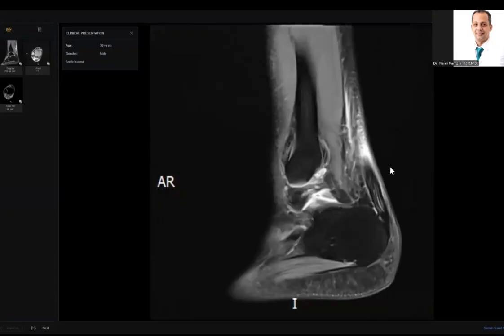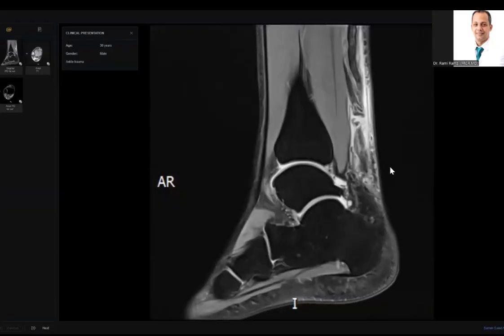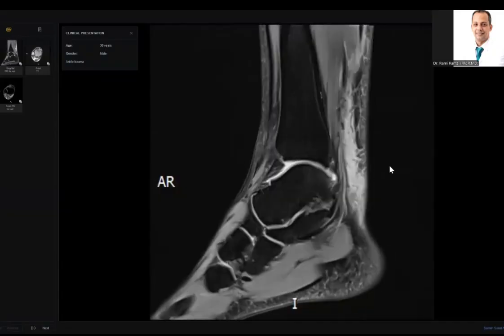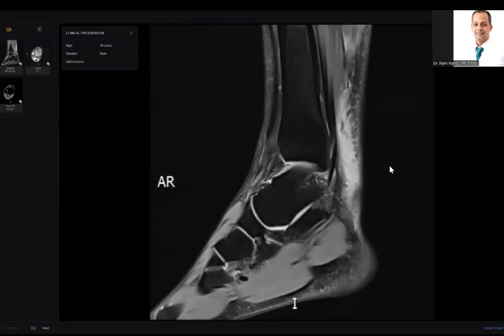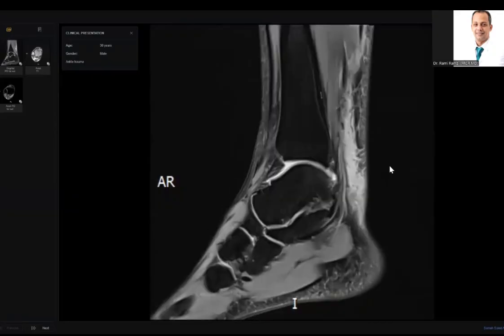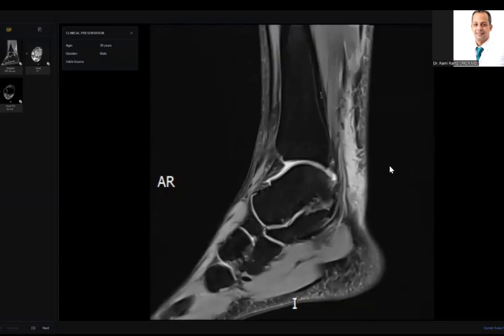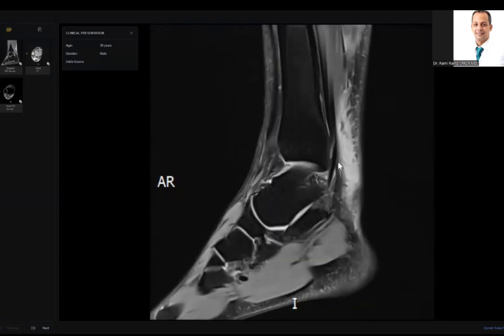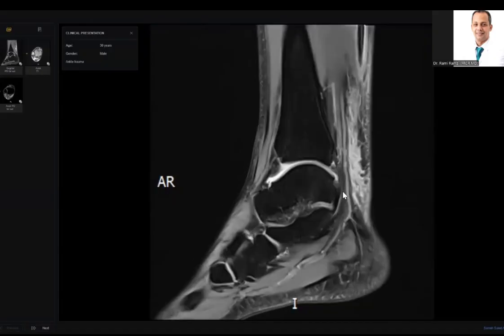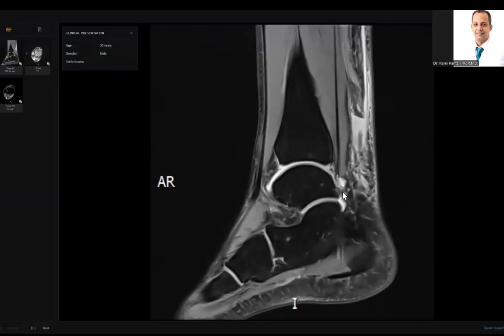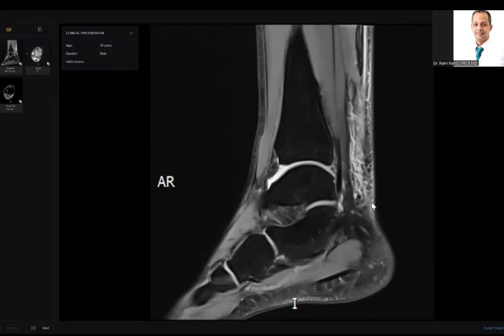Okay, so this is the MRI of the same patient. I will first look at the area of my interest. Okay, so here I noticed that this is the sagittal plane of the STIR image of the ankle joint.